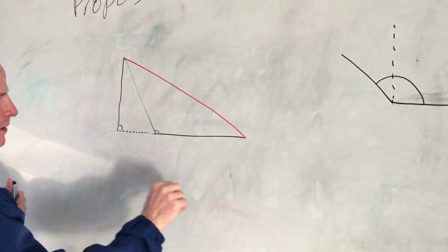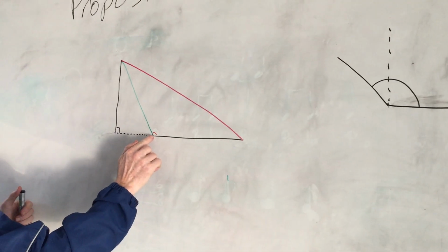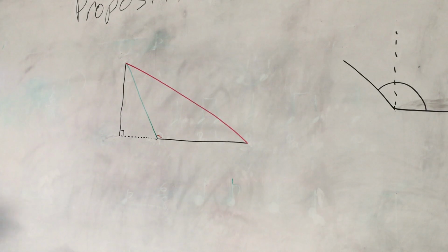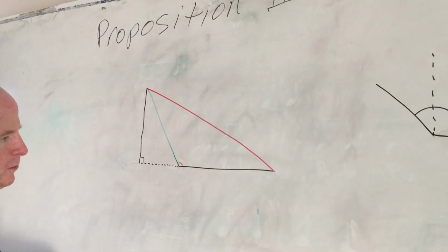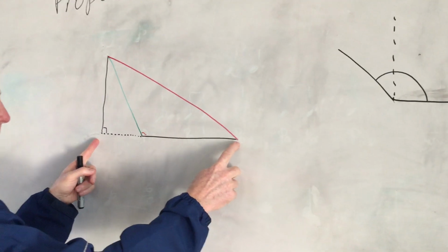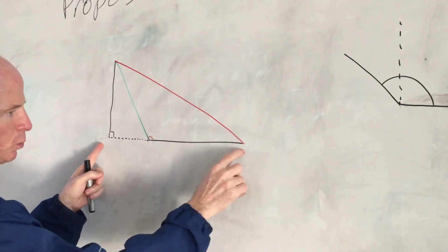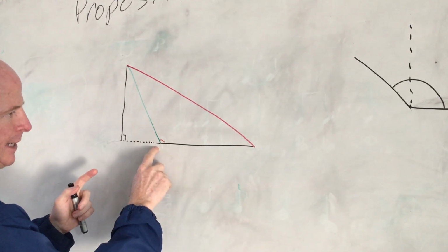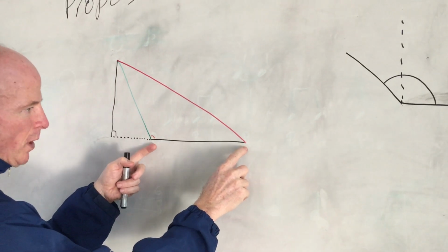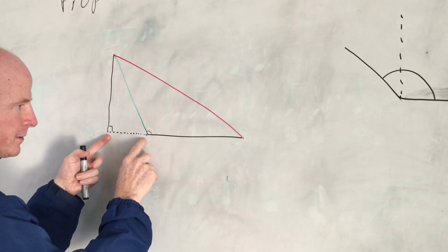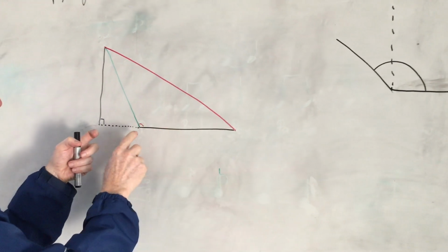So the square on this is going to be greater than the square on this and the square on this by twice the rectangle contained by this line and this line. Now remember from the previous proposition: if you have a line and it's cut at random, this is our black line, part of it dashed, part of it solid, but it's one line, the square on the whole line is equal to the squares on the parts added together, plus twice the rectangle contained by the parts.